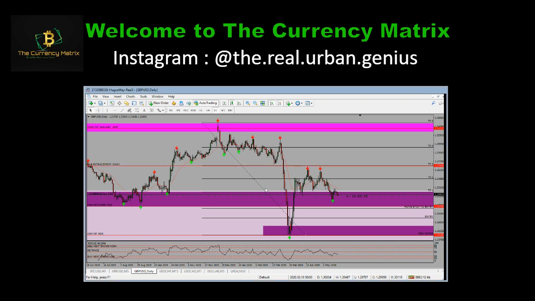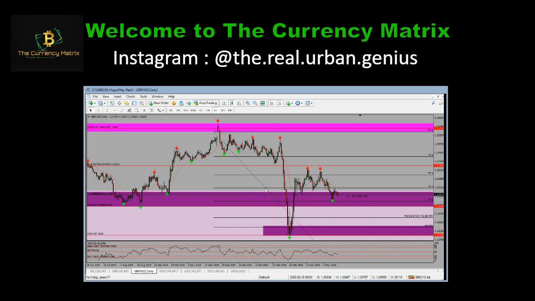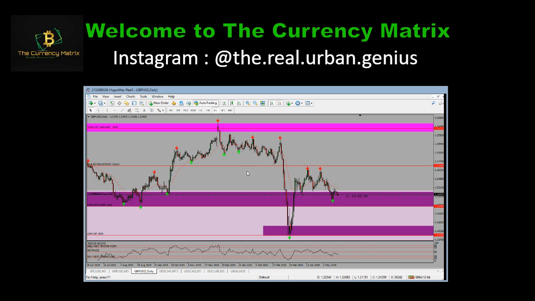All right, and we'll remove that. And from there, we will take our zone and let's drag it from this particular doji wick to the body here.